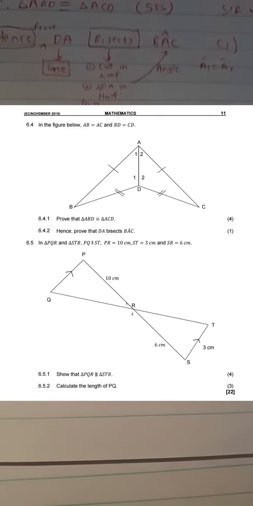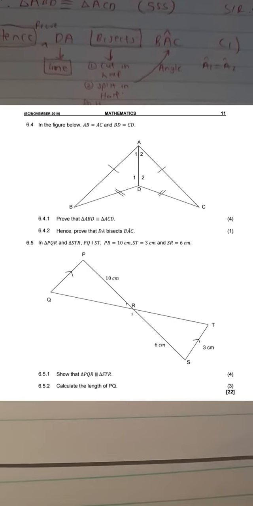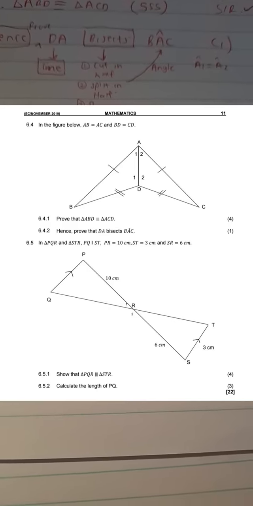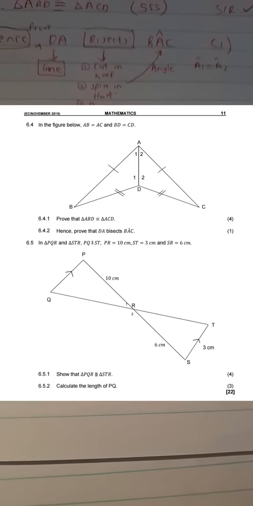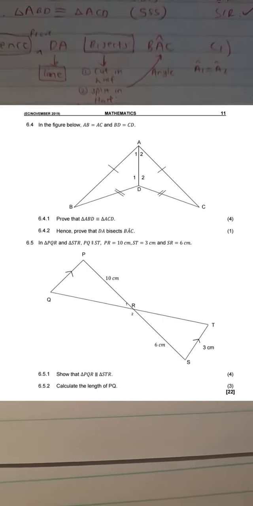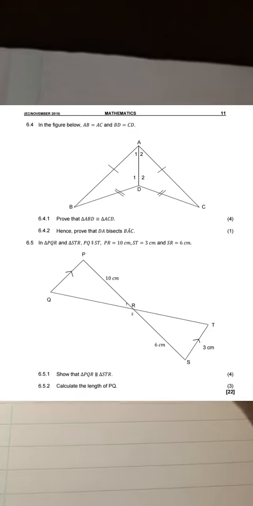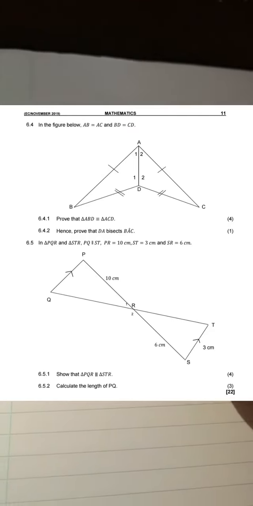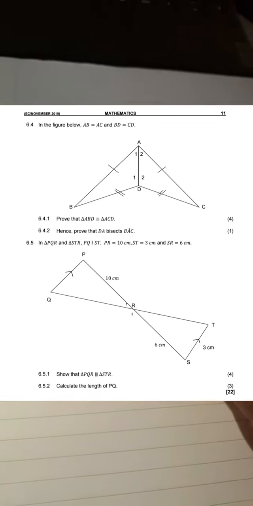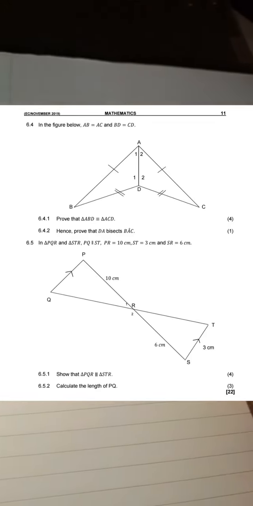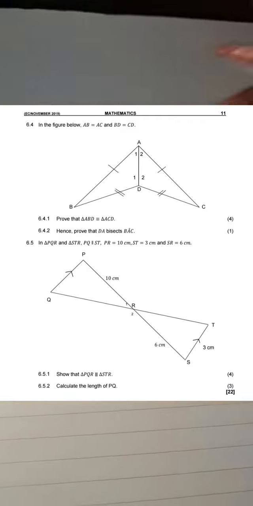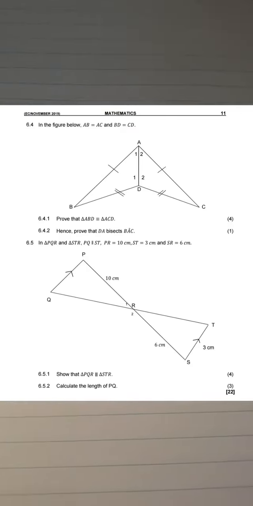Then they are asking, show that triangle PQR is similar to triangle STR. So I'm just going to try and redraw this diagram, so that we can actually look at this question.